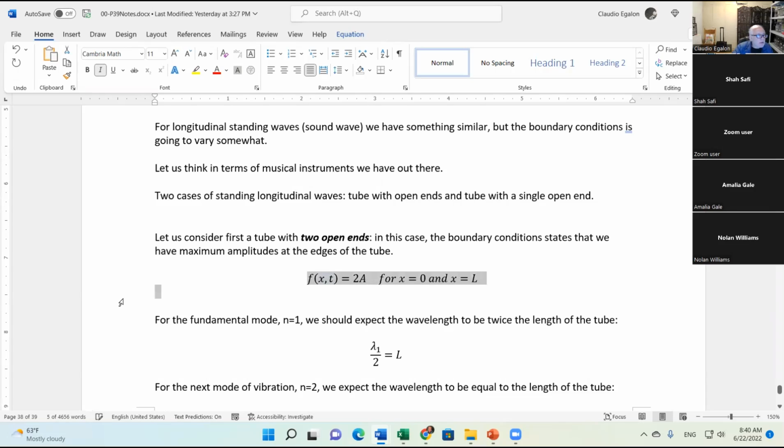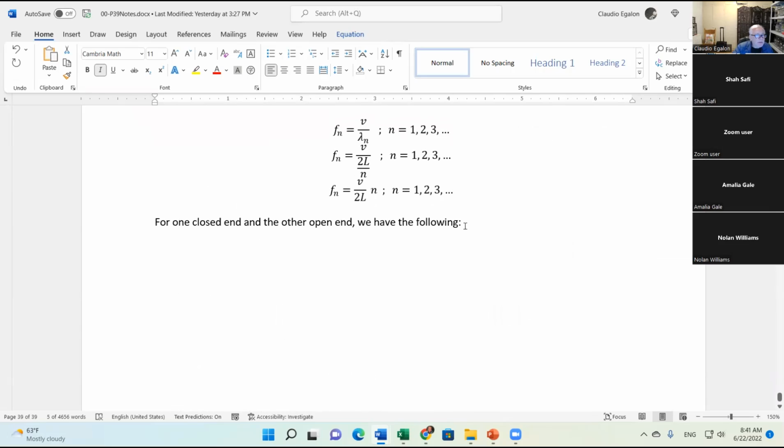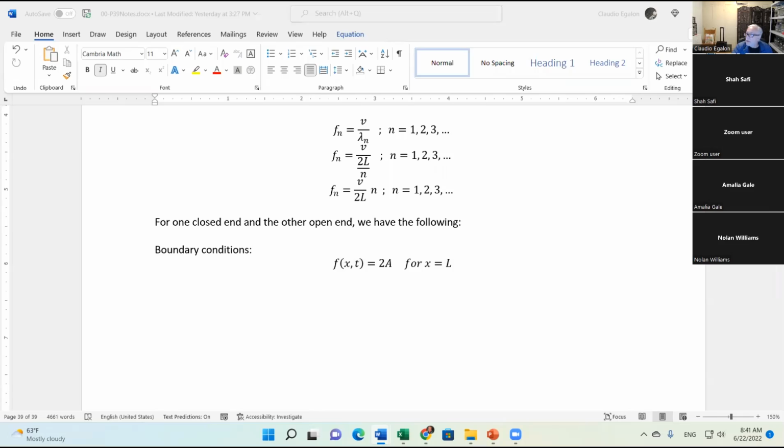What about the boundary conditions for the 1 closed end? For 1 closed end, we have boundary conditions, for X equal to L, and for X equal to 0. Okay, boundary conditions like that.